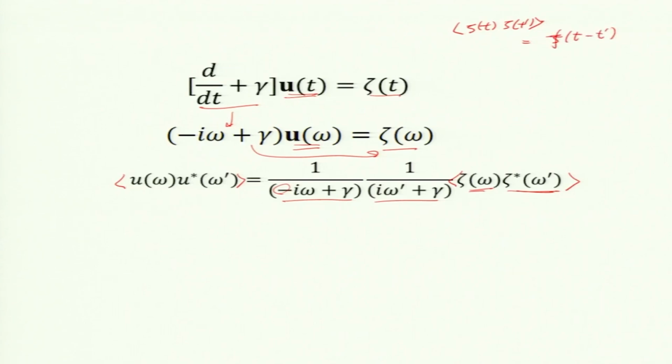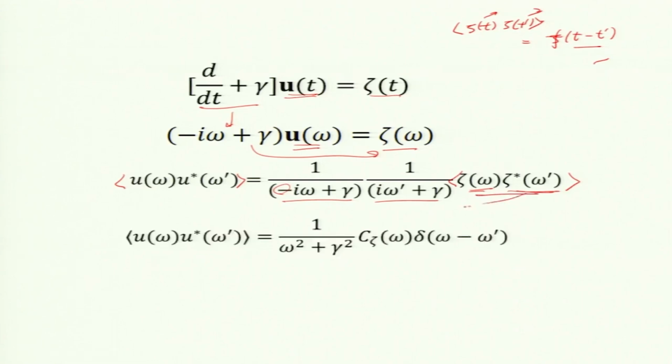You understand, if I shift the system by some time, I get the same correlation. So, you shift t by alpha, t prime by alpha, this is unchanged. This is called a homogeneous system, and stationary means these correlations do not change with time.